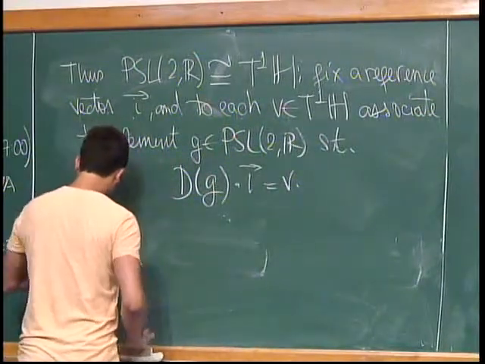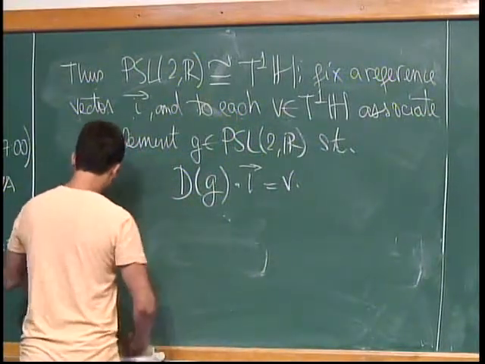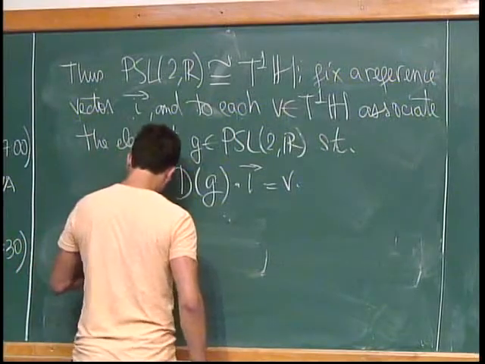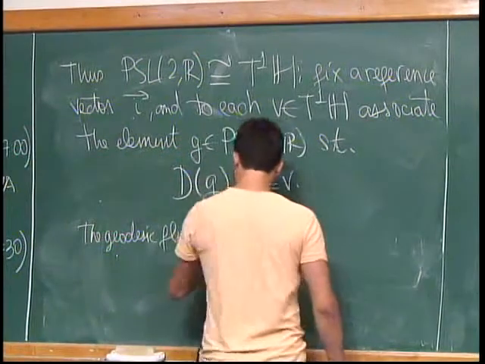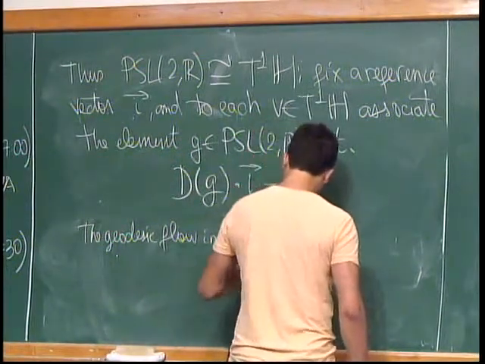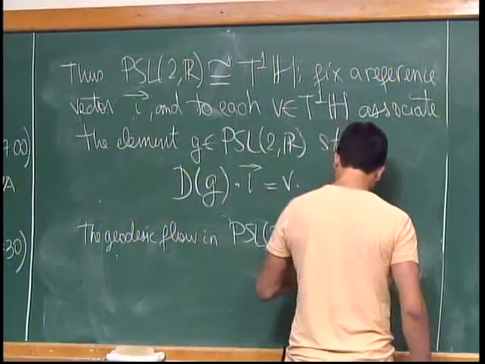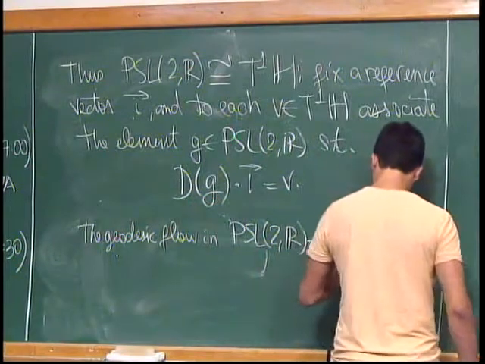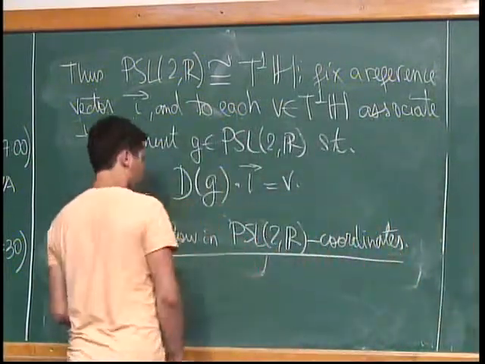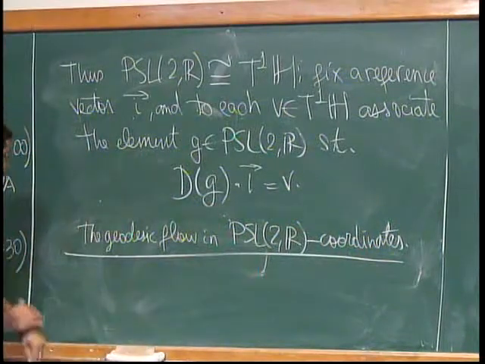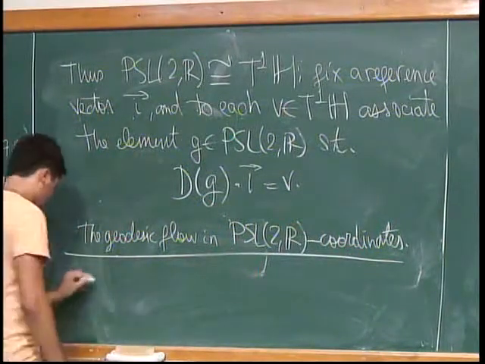So G, the geodesic flow in PSL2R coordinates. Okay. So let's start with the following.